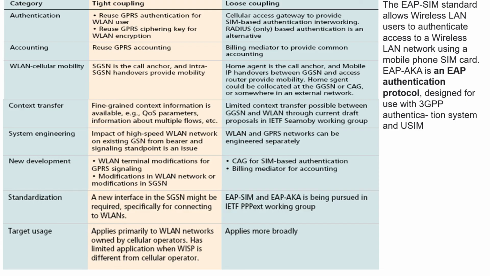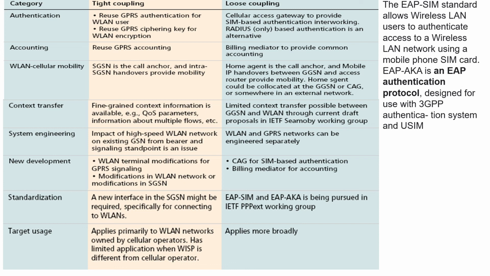The session mobility or context transfer is already available in the tightly coupled case. In the loosely coupled case, the extent of context transfer depends upon the extent of service you have built into the new node you have incorporated. The same goes for system engineering.